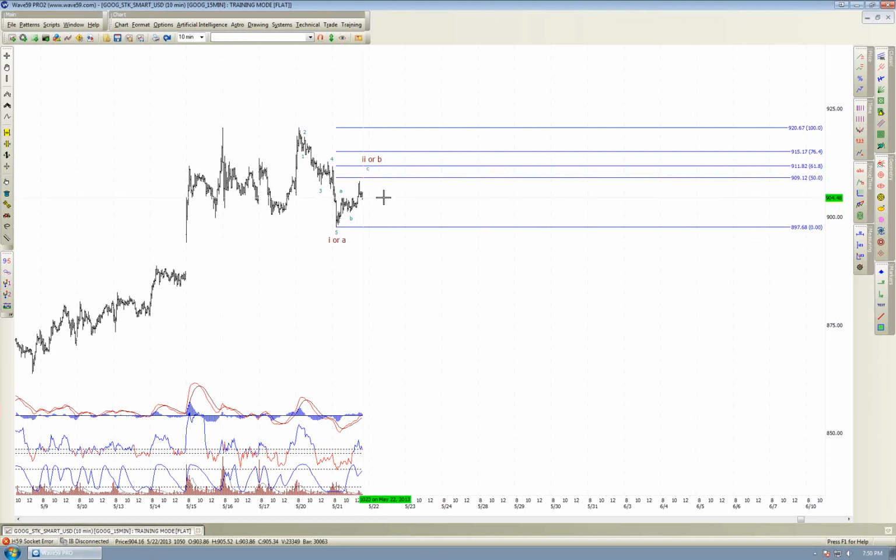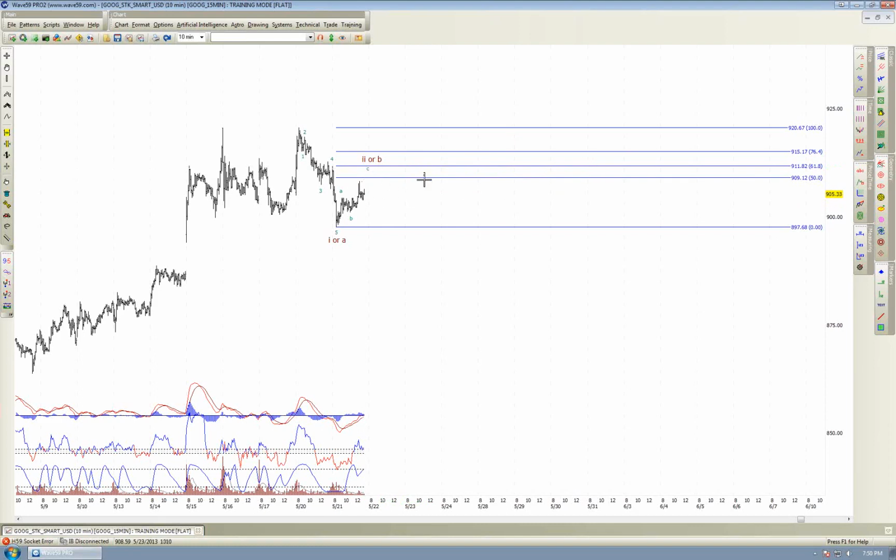It looks like it's breaking down. It came really close to the 0.50, so if you're aggressive, you can enter a short position at this point with a stop above this high. Or if you want to give a little more room, maybe above the 0.50 retrace or the 0.618 retrace. So it's turning back up a little bit.